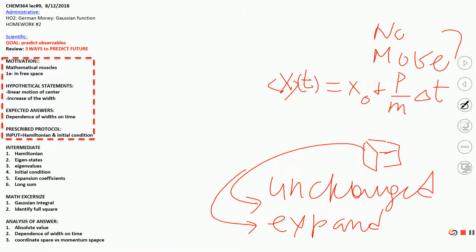We discussed this. The expectation value of position, which we talked about in your presentations, one of the observables, is the center of the wave packet. It will move from wherever it was initially with velocity times the time interval. That's good. But this is only a hypothesis.